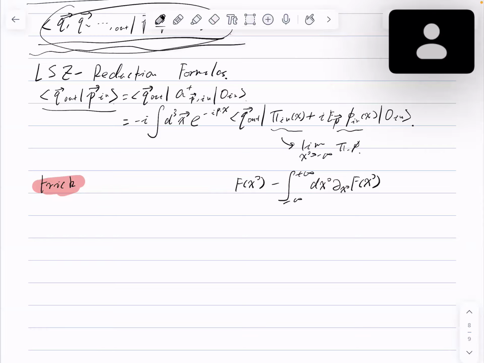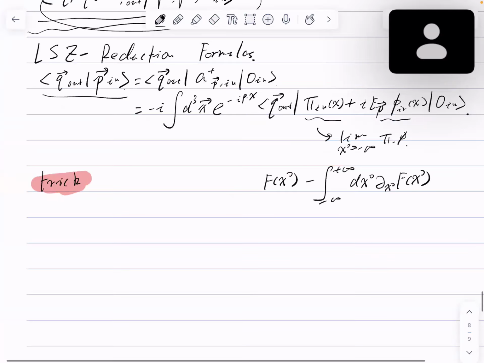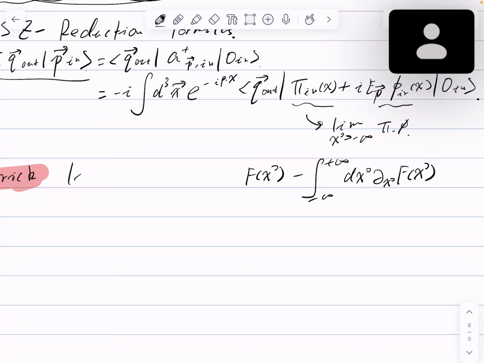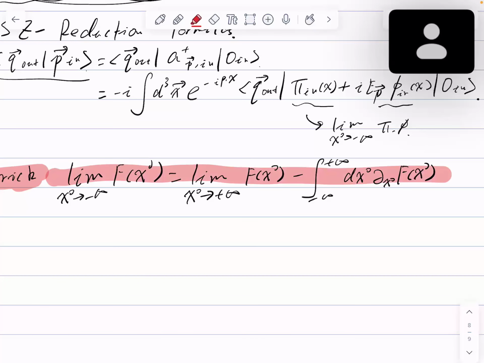Let me write it again. I don't like the new version of Notability. It's just an identity which can be checked very easily.